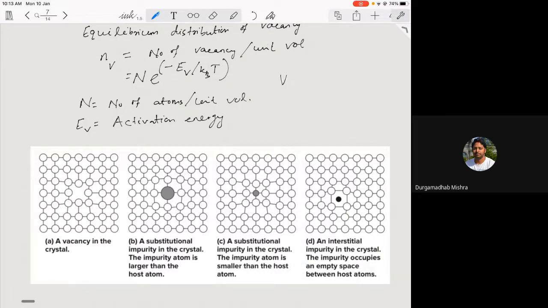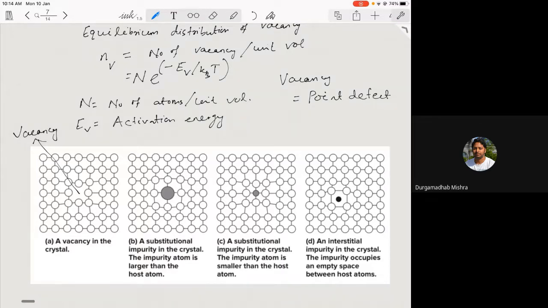There can be other forms of defect as well in a crystal, but since a vacancy is just like a point, it is known as a point defect. But there can be other point defects as well. One is this vacancy that you have created here in this figure.